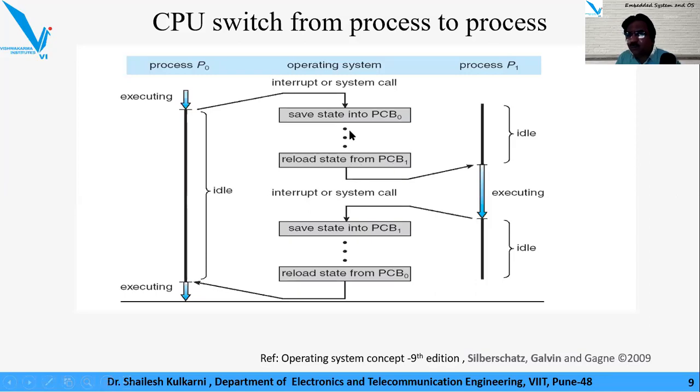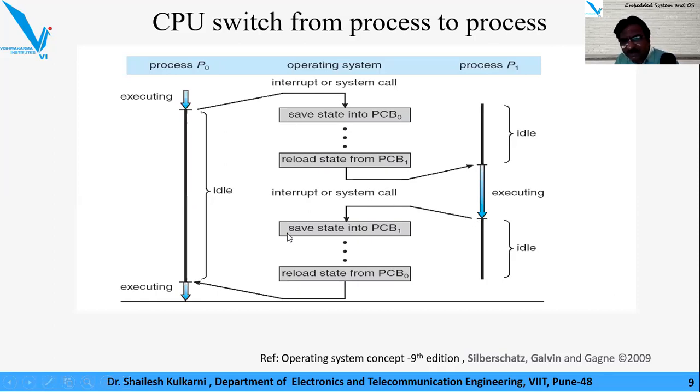State in the sense of the execution state of this particular process P1, and upon finding it legal, it can start executing. Till then, process P1 would be idle. Then process P1 executes, and against the interrupt or system call that comes up, process P0 has to be executed.